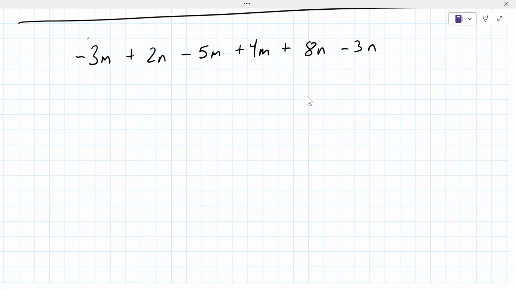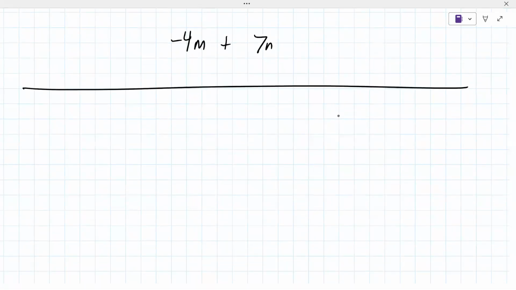So for the m's, it would be minus 3 minus 5 is minus 8, plus 4 is minus 4m plus 7n. Correct. Good.